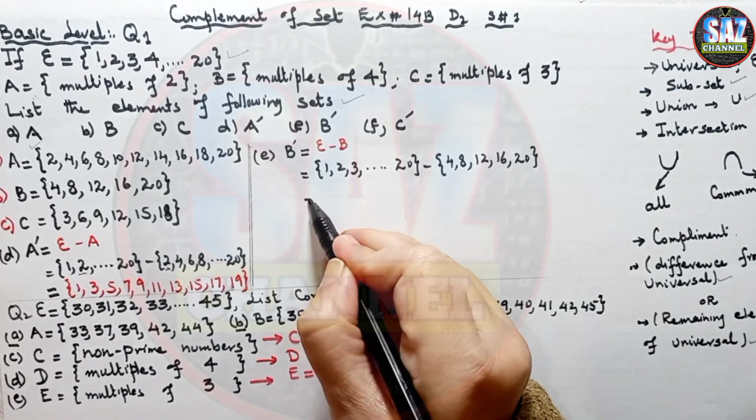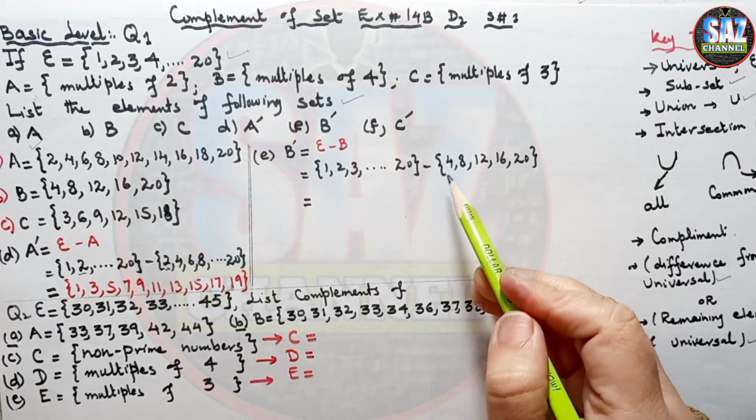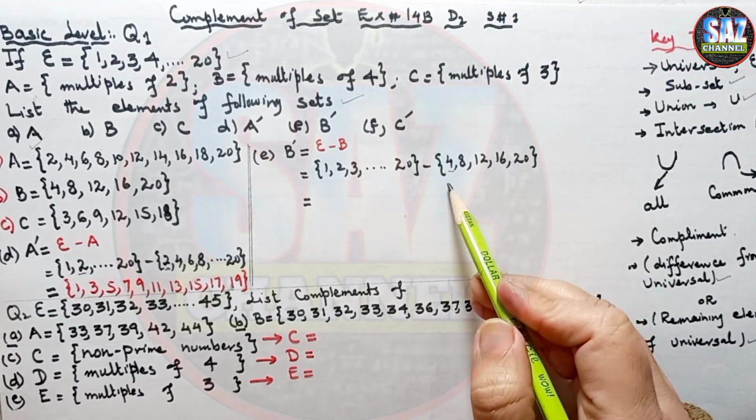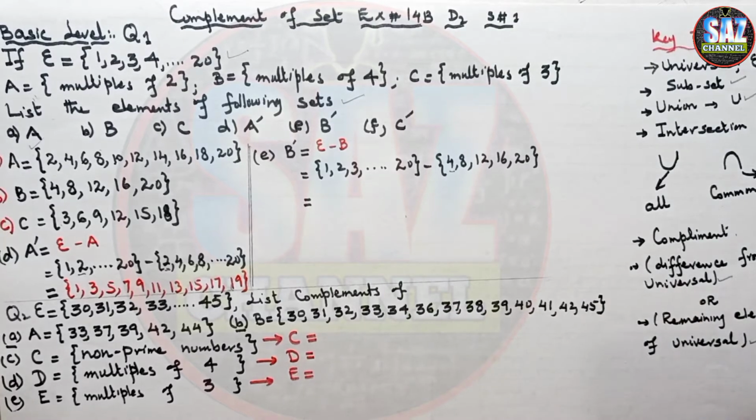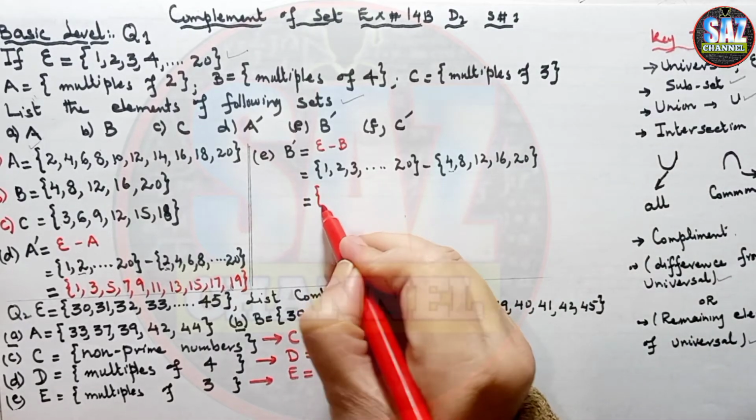Then I have to leave all those elements which are in set B out of B complement. Okay, now it means that my answer of B complement will begin from 1.